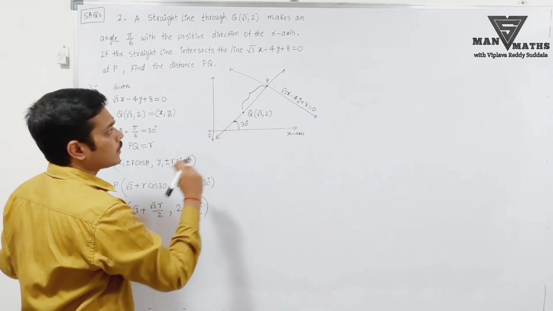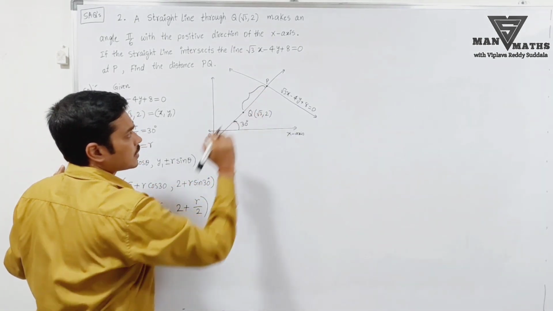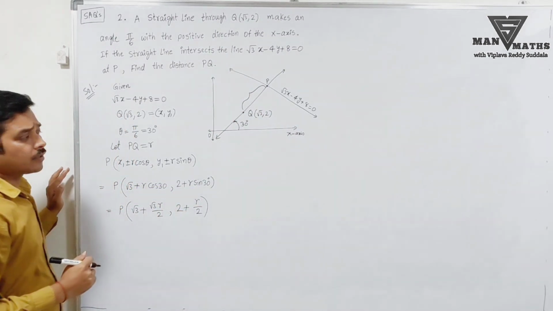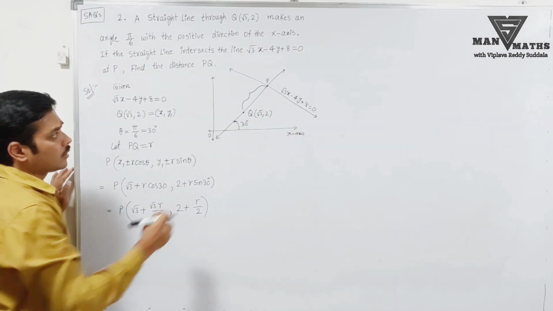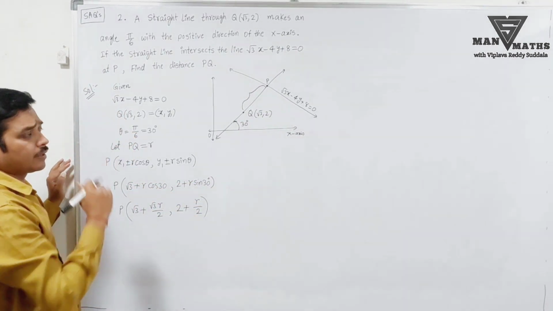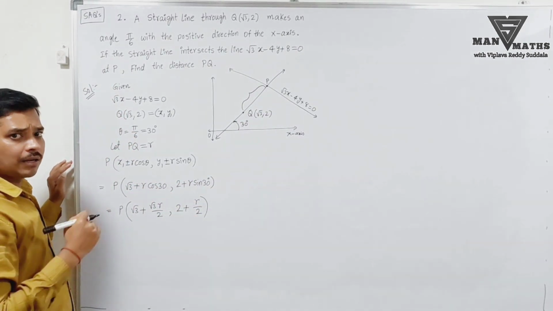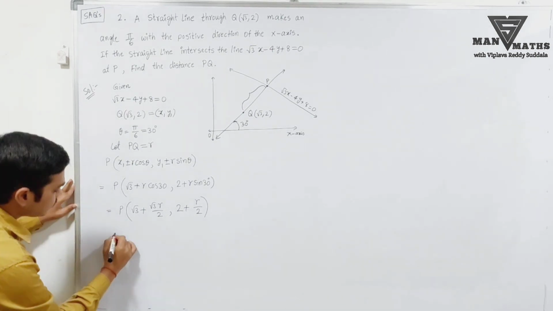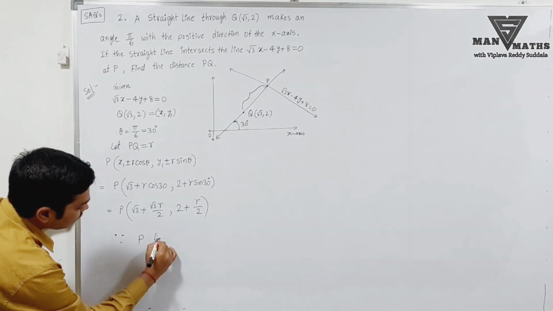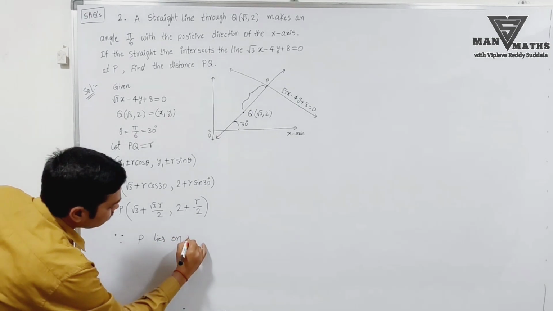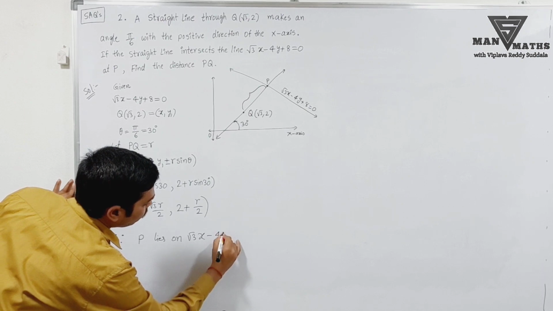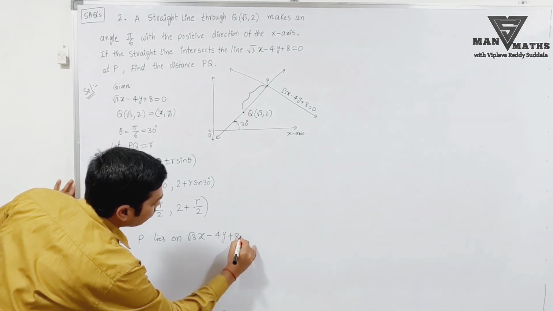From the diagram, P is the point of intersection of this line and the given line. Point of intersection of two lines. Here P lies on the given line, from the given data. Since P lies on the given line, that is P lies on root 3x minus 4y plus 8 equal to 0.